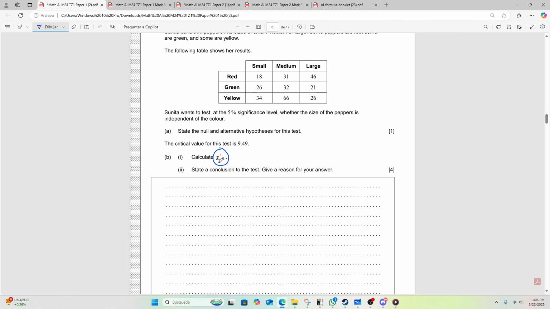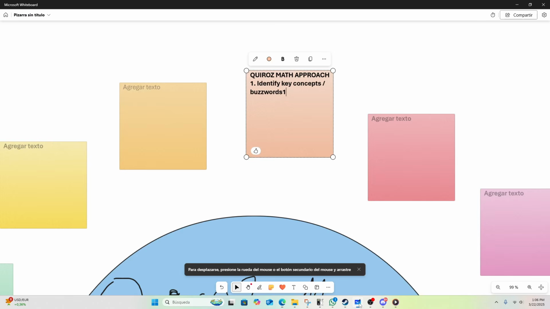The moment you read chi-squared value, that is a key concept or buzzword. Once you identify that, the next step is associating it to a procedure or formula.